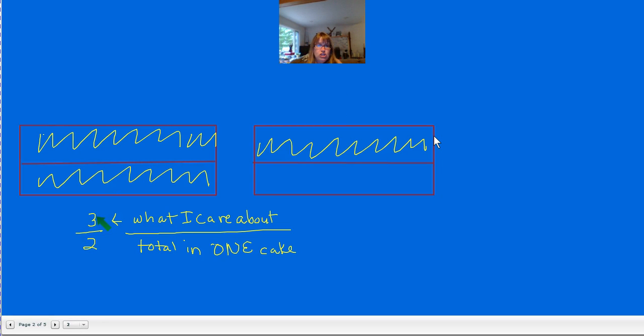So let's change this over to a mixed number. All right, I'm going to flip-flop colors real quick. So the easiest and laziest way to do this is to say, how many times can I multiply 2 to get to 3 without going over? And that's 1.